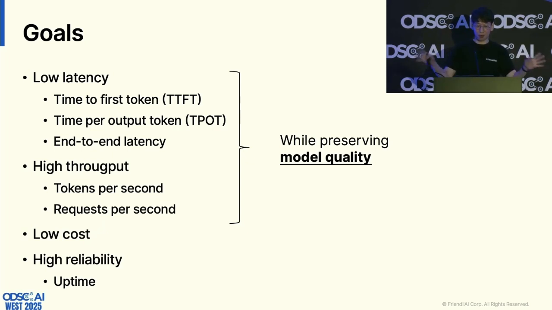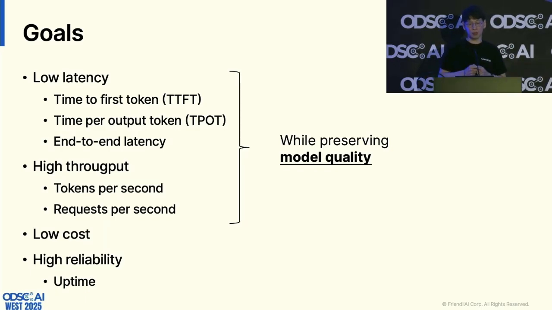Now, the last slide for the background. What are the goals we are optimizing for to scale? So we talked about latency, throughput, cost, and reliability. So here are some metrics we can use to track how well we are doing. On the performance side, we care about two key things: low latency and high throughput. For latency specifically, there are two important metrics to track. First, time to first token, TTFT, captures how quickly the model starts responding. So if you are working on voice AI agents, for example, this is a very important metric to use.